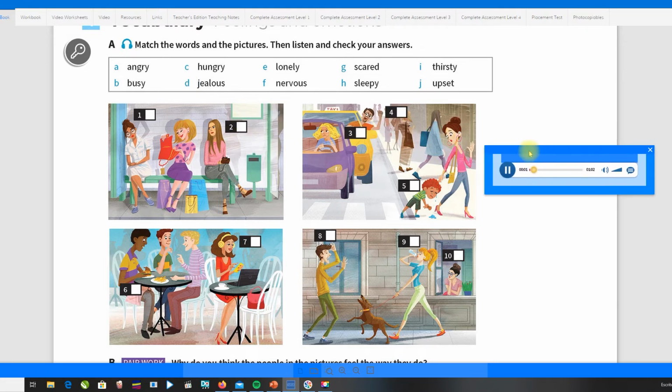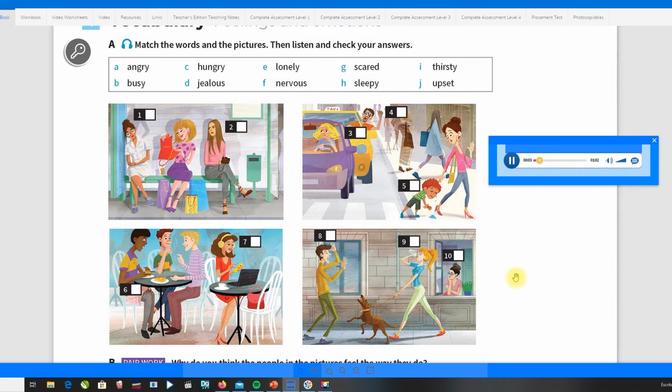Lesson C. My behavior. Page 8. Exercise 1. Vocabulary.